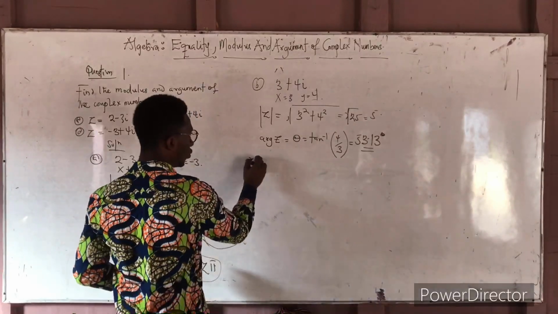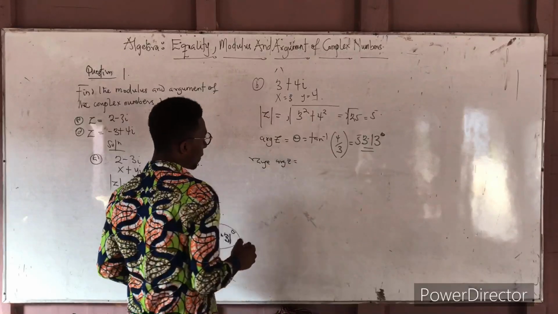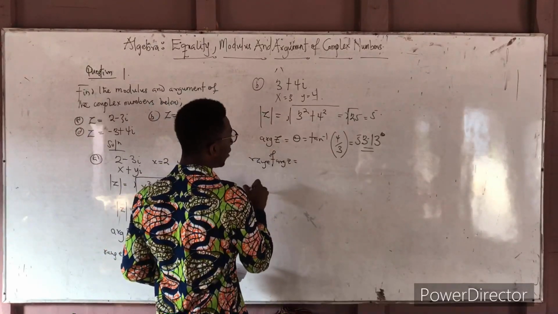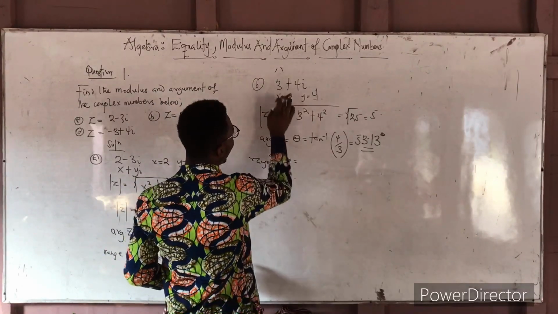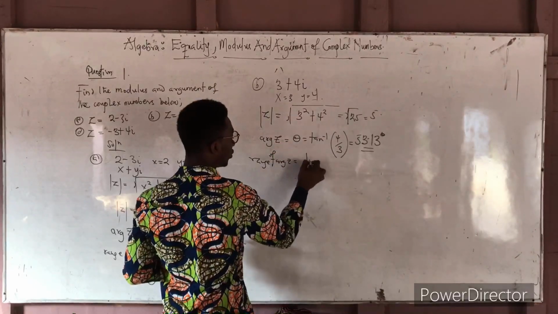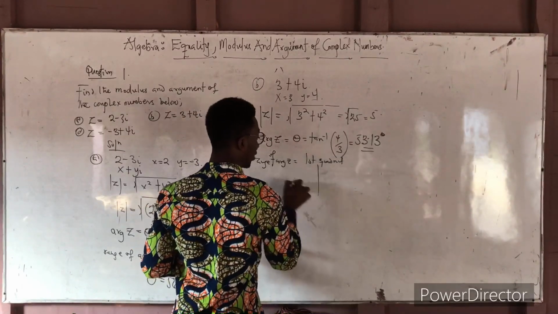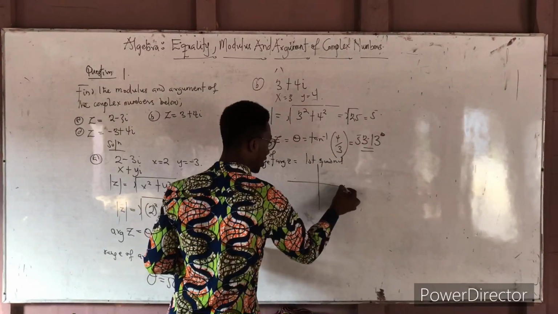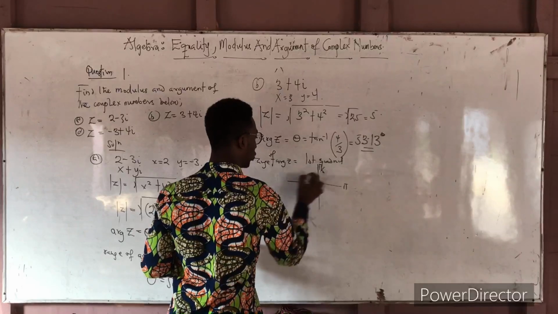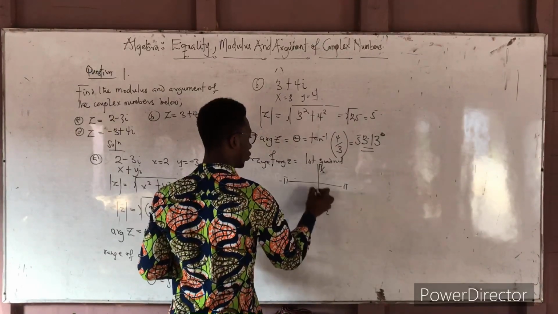Okay. Now, how do you find the range? The range of this particular argument: x is positive, y is positive. So if x is positive and y is positive, then it will lie within the first quadrant. So that's pi on 2, negative pi on 2. So this is the first quadrant.